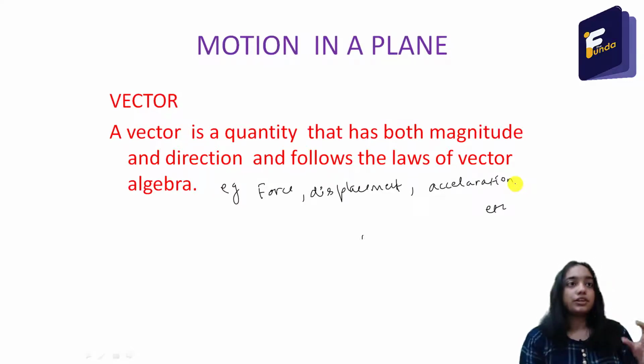Without defining the direction, the complete information is not given about displacement. In the case of force also, we have to define the direction. In the case of acceleration also.